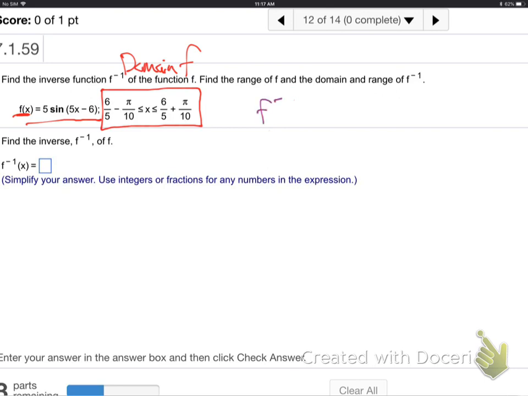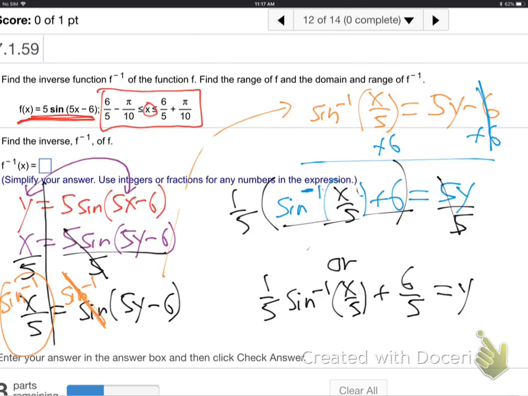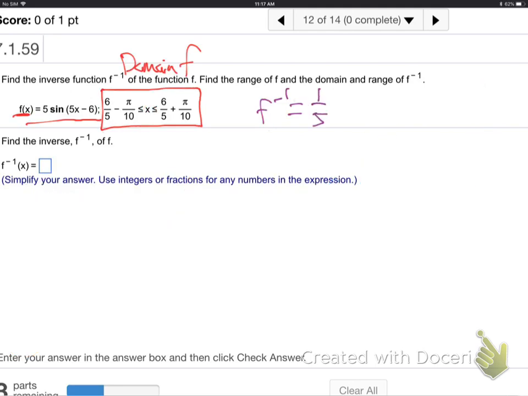I already forgot. 1/5 sine inverse, okay, plus 6/5. Okay, so we have the original function and the inverse function.